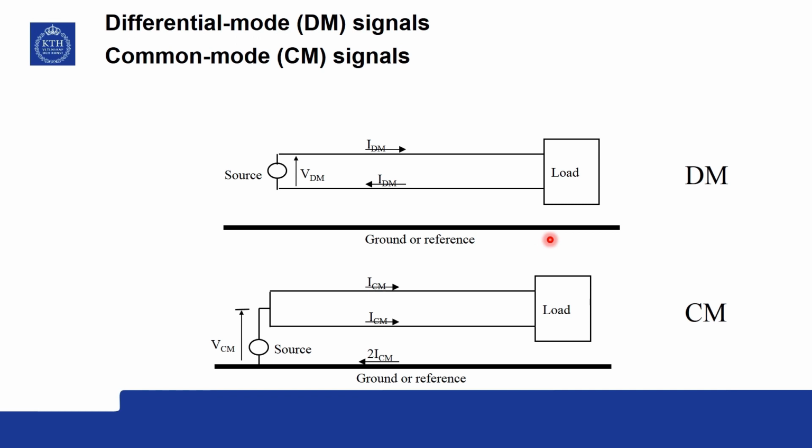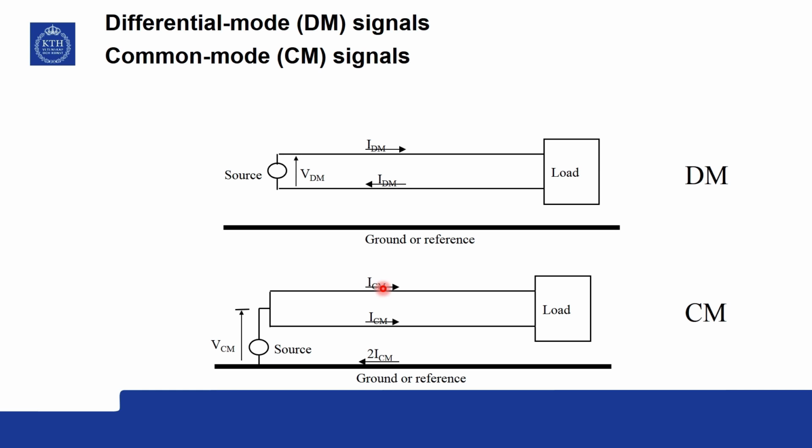Then you create a potential difference between your lines and the ground because of the interaction of the electric and magnetic fields, and that will drive some net currents. You can have parasitic elements, parasitic capacitance here or some other connections, and it can drive some currents through these lines, through the ground and back into this.